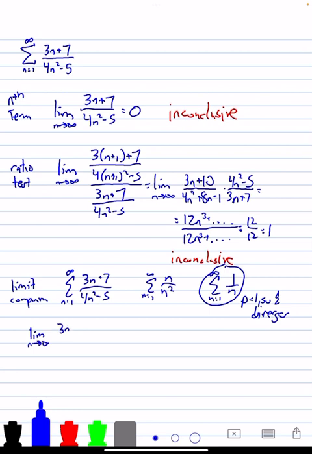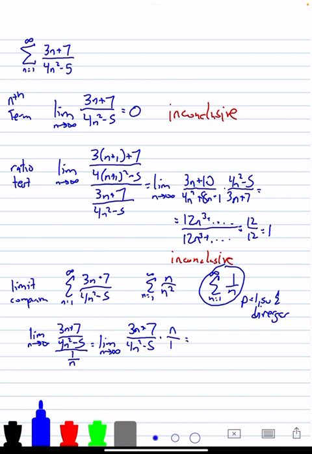Okay, that's 3n plus 7 over 4n squared minus 5 over 1 over n. Once again, just remember, when we divide by a fraction, we multiply by the reciprocal. Even though that's a very old rule that you probably learned in elementary school, we do not want to get away from it.